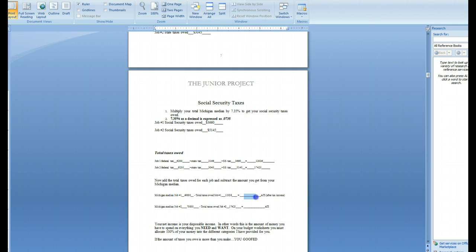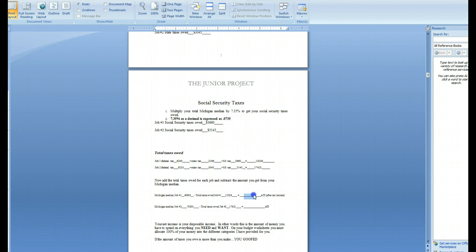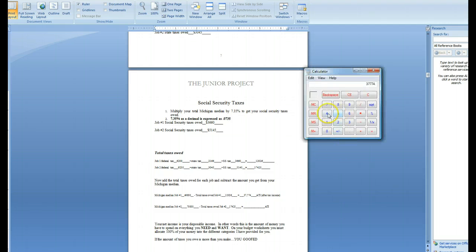So now we need to get our calculator up, and we're going to do some subtraction. So 49,800 minus 12,026. Okay, after I've paid all my taxes, I will make $37,774.